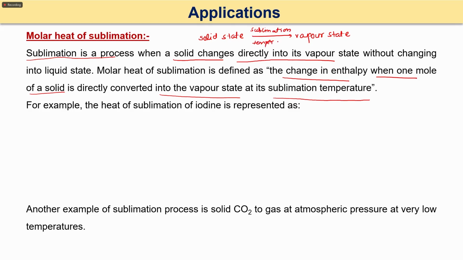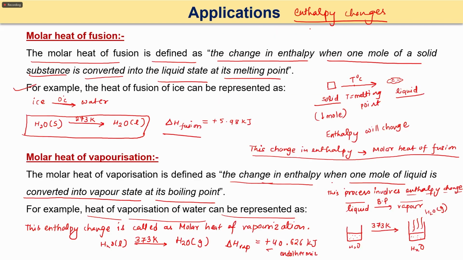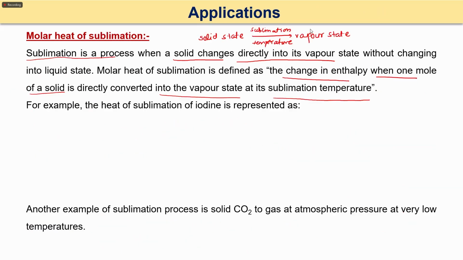You must remember what these temperatures are called. In case of liquid to vapor, we call it boiling point. In case of solid to liquid, we call it melting point. And in case of solid to gas, we call it sublimation temperature.